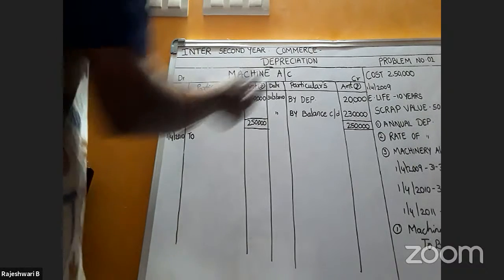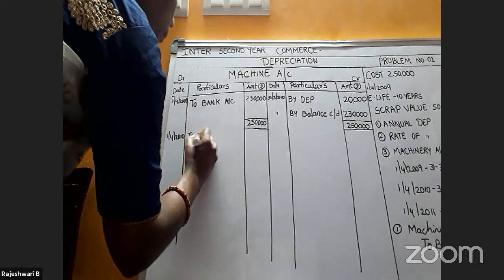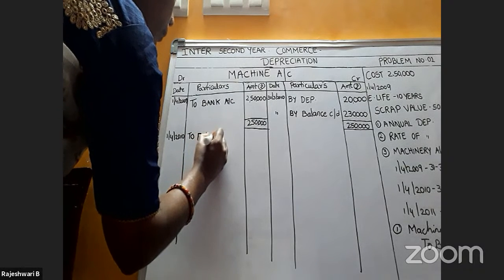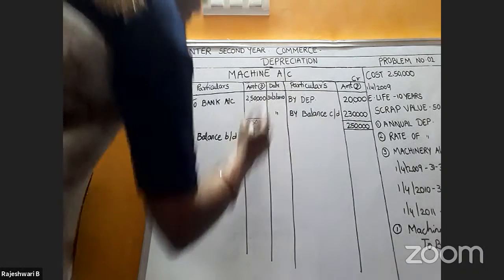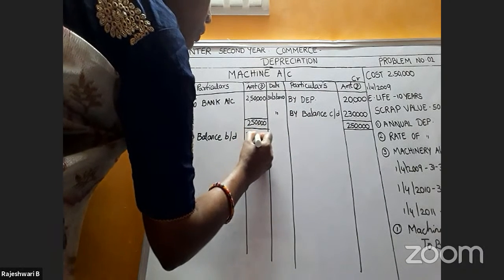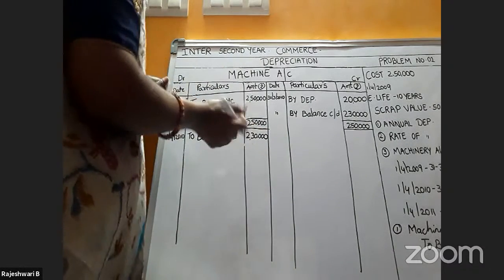This amount will be carried forward to next year. Balance brought down amount 2,30,000.